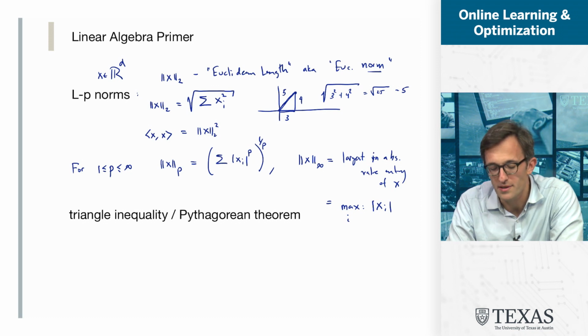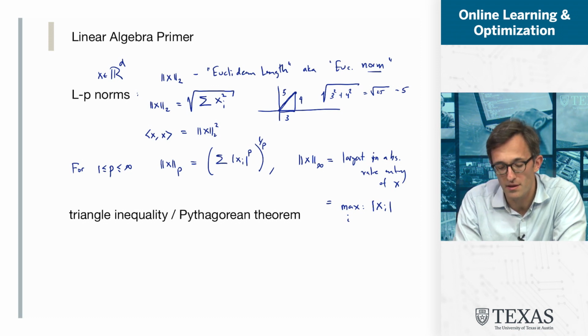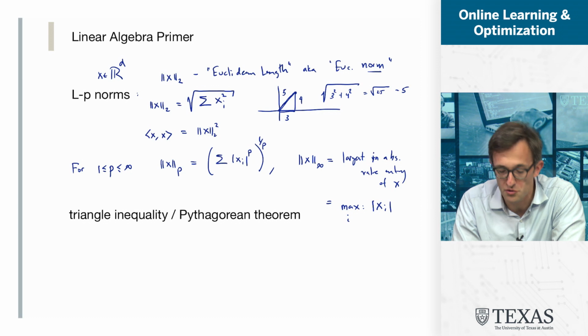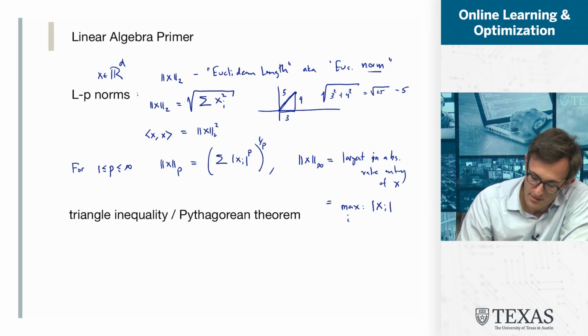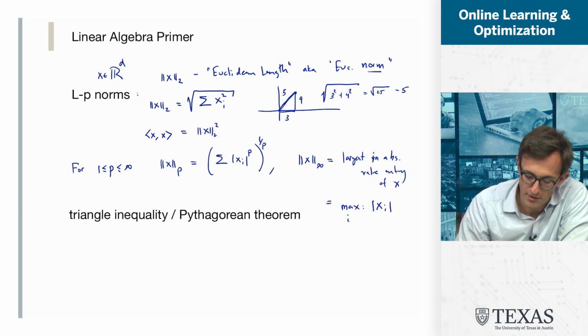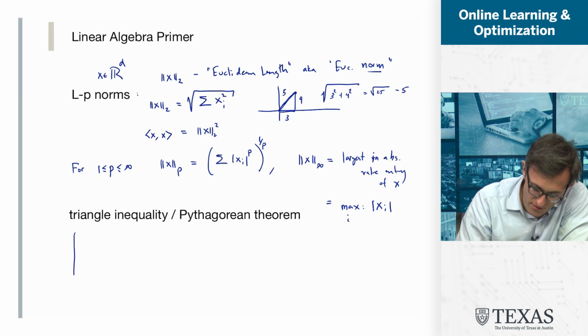Some special properties of geometry when we measure distance with the L2 norm. So we already talked about the Pythagorean theorem. So what is the Pythagorean theorem again?